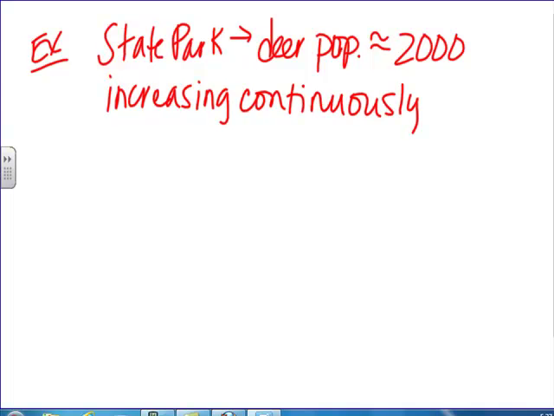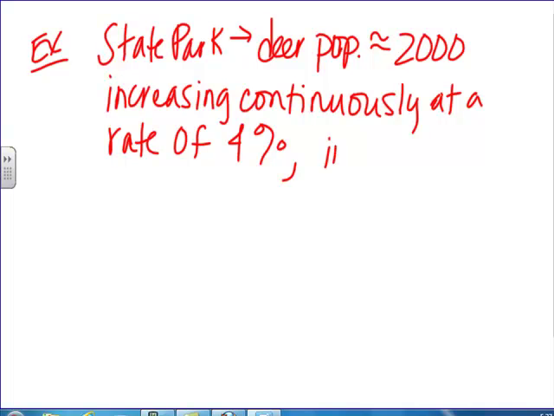And then the problem may ask you, at a rate of 4%, how many deer will there be in 10 years?